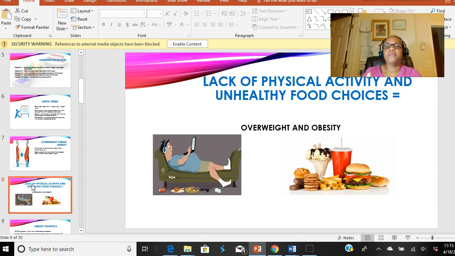If we look at the picture on the left, the person has just had foods which are unhealthy, high in fat, salt, and instead of going for a walk, this person is lying on the couch, engaging in a sedentary lifestyle. The picture on the right shows examples of foods that are unhealthy, very tasty, but they're high in calories and they have a lot of fat and salt and sugar.